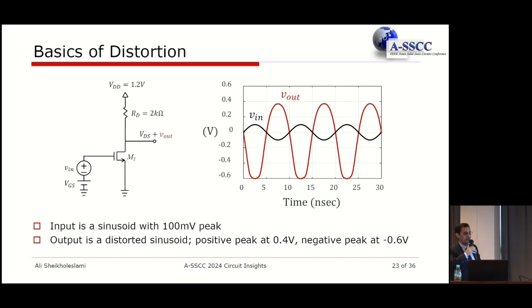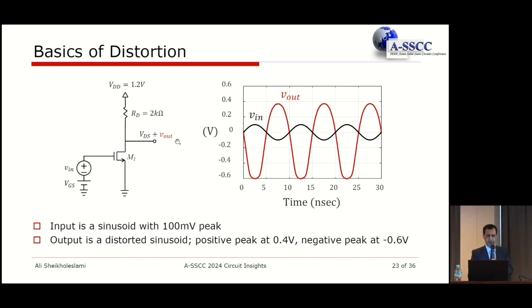So if I look at electronic circuits, I will use a very simple circuit. This is a single-ended common source amplifier, and it's biased at VGS, and you have an input signal, and you look at the output signal, and then you are going to draw both. So we look at VN. VN is a sinusoidal signal with 100 millivolt amplitude, right? 200 millivolt peak to peak.